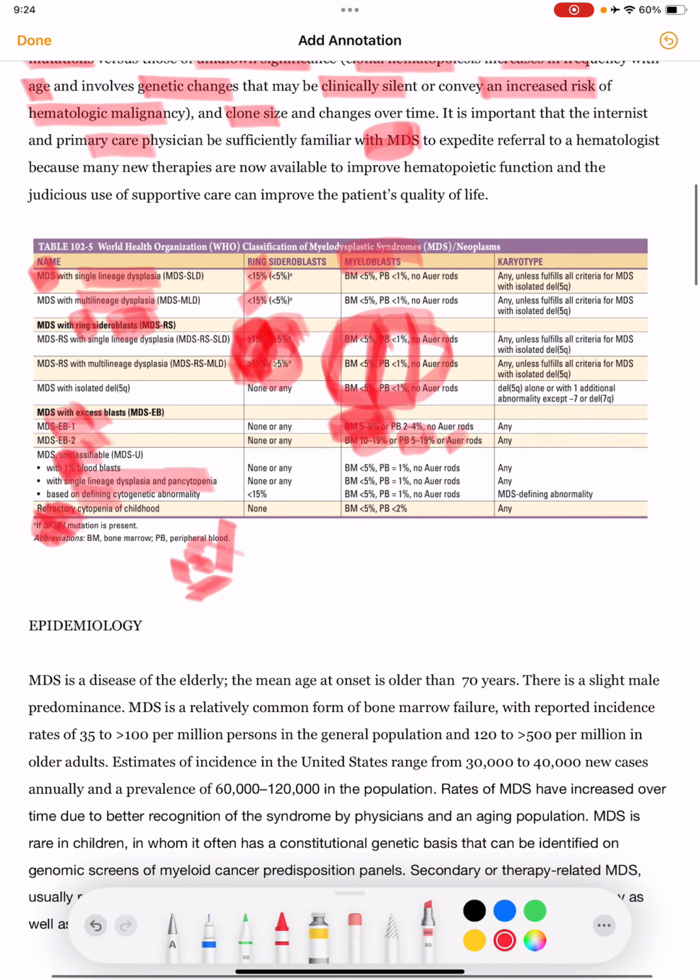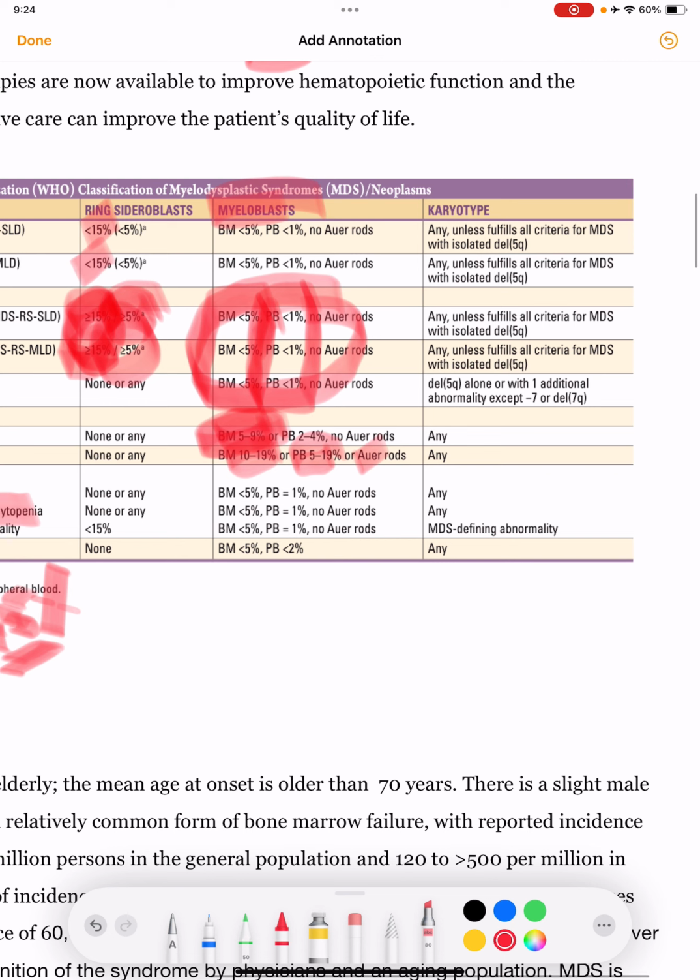Here you can see the karyotype, any, unless it fulfills all criteria for MDS with isolated deletion 5q. So a chromosomal abnormality can be present.